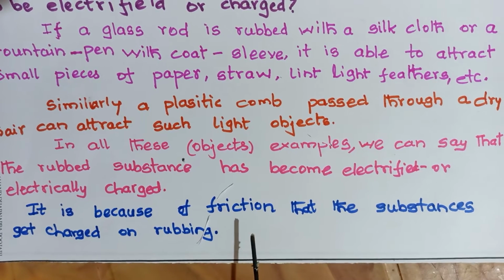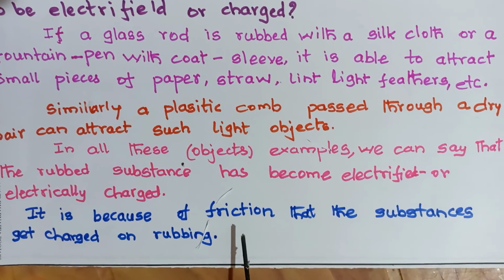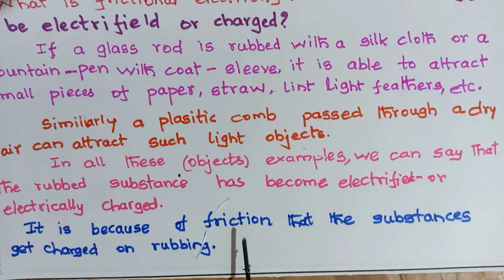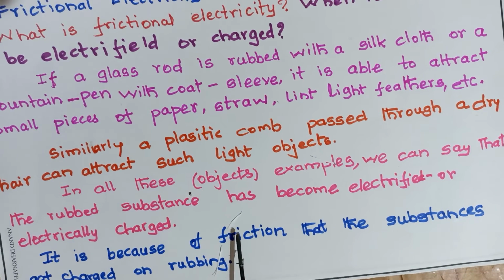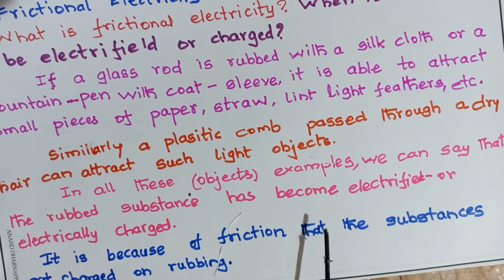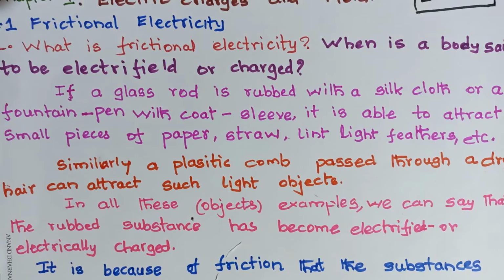There is a charge developed. Because of that developed charge in the comb, it attracts small paper pieces. We are saying now it is electrified. Okay, go through and understand this concept once again.